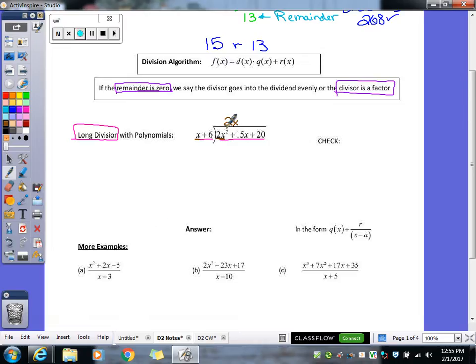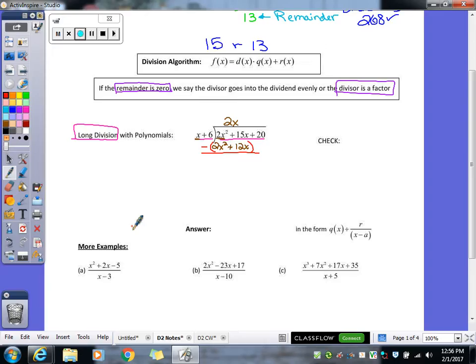And then we need to multiply 2x times the x, which gives us 2x squared. And then we also have to do the 2x times the 6, so that would give us a 12x. So we're doing the same steps we did up above, it's just you had 2 things you had to multiply it times this time. So we're going to take that and subtract it.